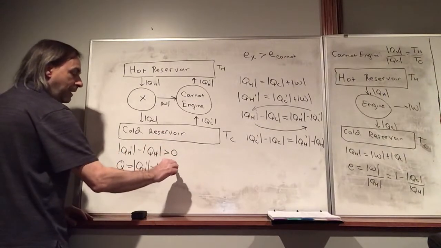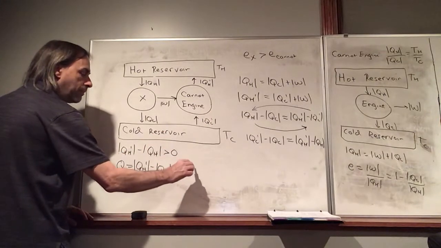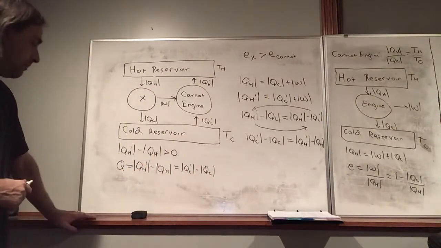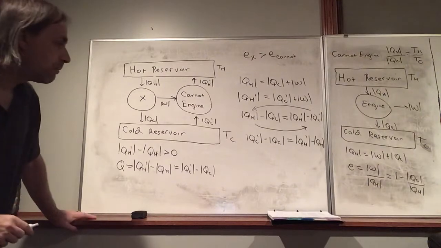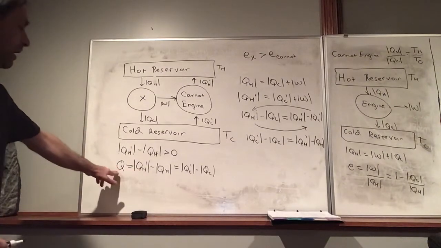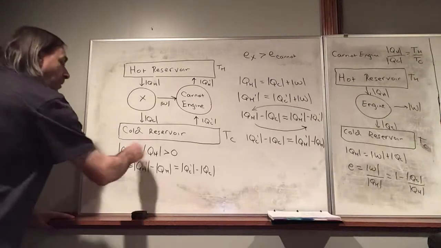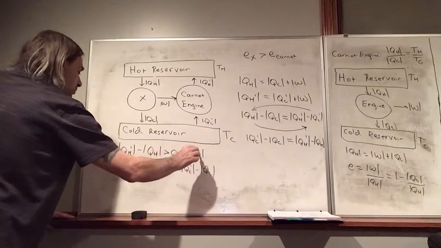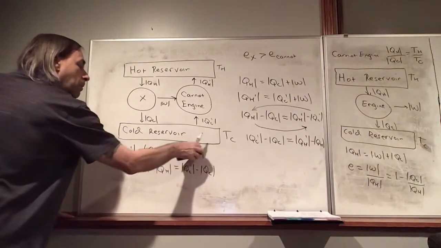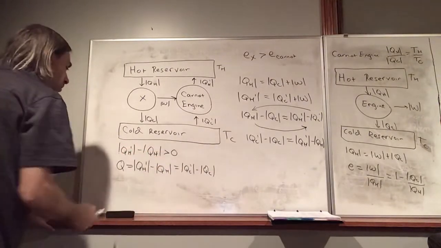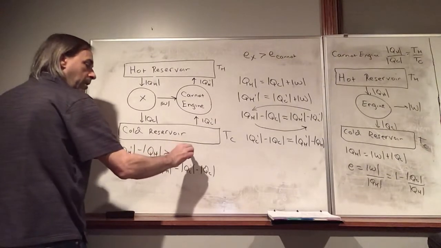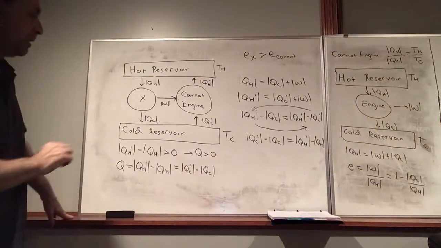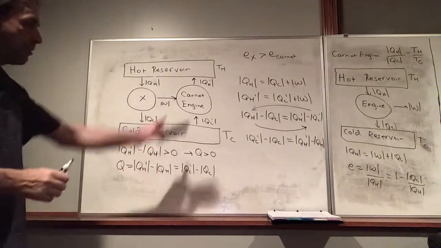And we know that that is equal to QC prime minus QC. So those are equal to each other, and so let's just call that Q. And so what we have is Q. I guess we don't need absolute value here because it's going to be greater than 0. Okay, so now I'm going to erase this part.